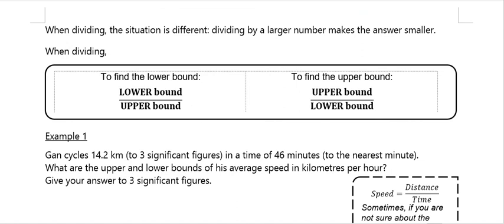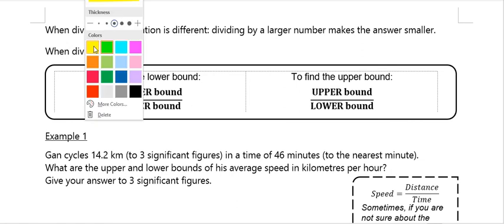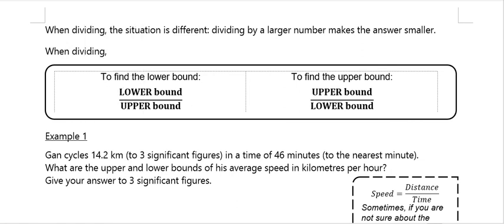When you're trying to divide, you have to know that when you divide a number by a larger number, you will get a smaller answer. So to find the lower bound, the lower bound of the first quantity is going to be divided by the upper bound of the second one.